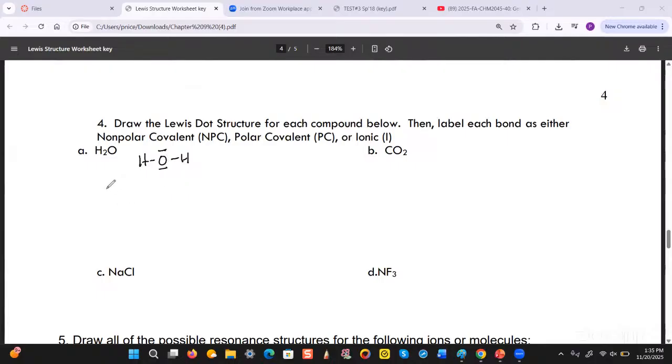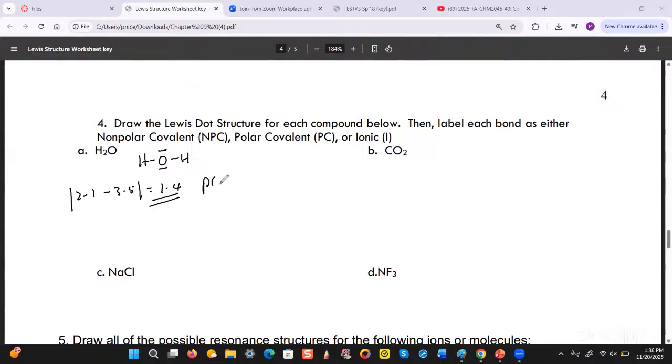And then in terms of the bonds, the electronegativity difference, well, hydrogen is 2.1, oxygen is 3.5. So that difference gives you what? That's 1.4, right? So therefore 1.4 makes it what?